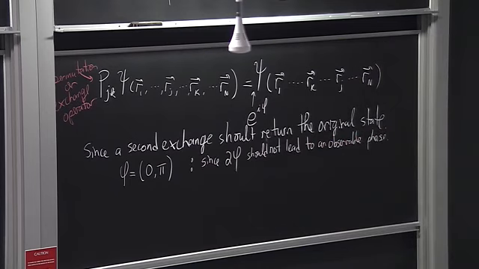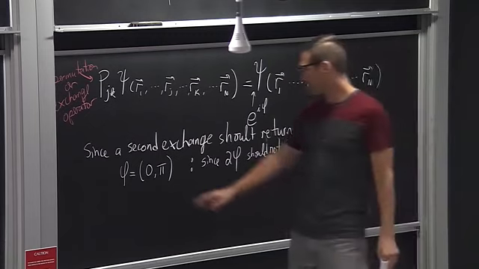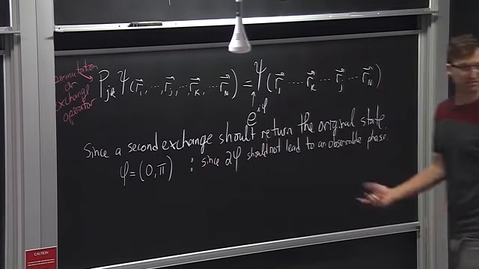So that's a simple, hand-wavy argument for the existence of bosonic and fermionic statistics. One of these options gives you bosons, and the other gives you fermions.